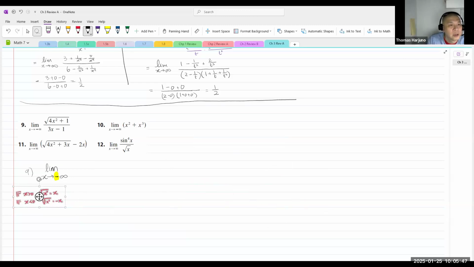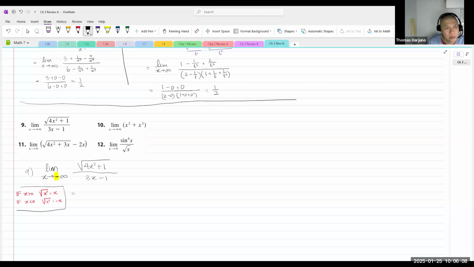Now on the top I have the square root of 4x squared plus 1, over 3x minus 1. I will divide the top and the bottom by x, because the degree on the top is actually x, the degree at the bottom is still x, right?